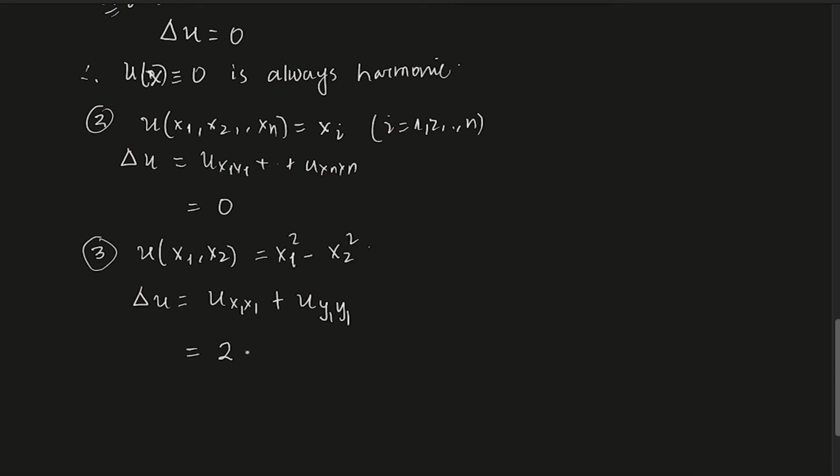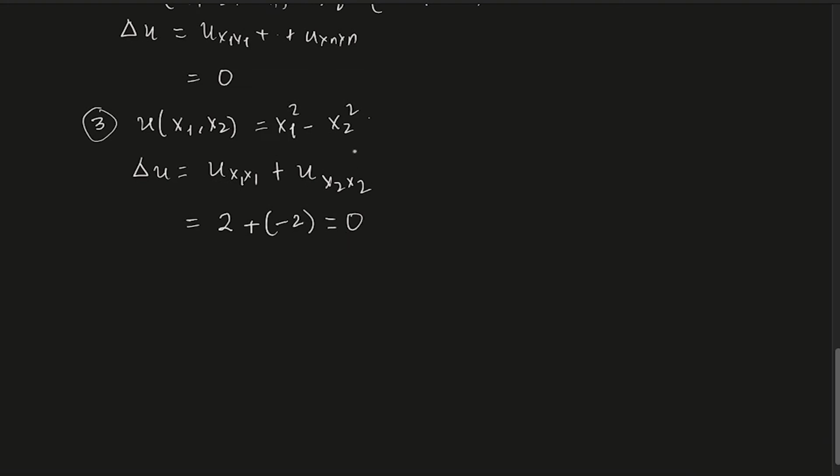So that is 2 plus u_x2x2, and the second derivative in x2 is minus 2, okay, that will give you 0. So Laplacian of u is 0. So hence this is an example. Therefore u(x1, x2) given by x1 squared minus x2 squared is also harmonic.